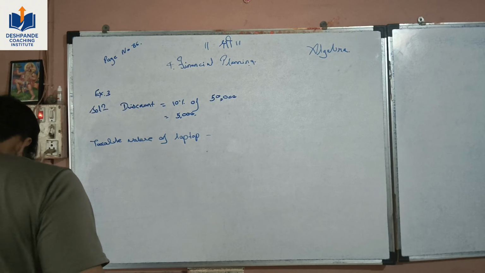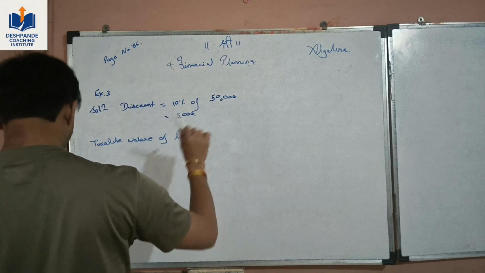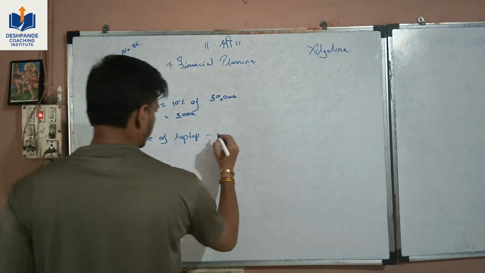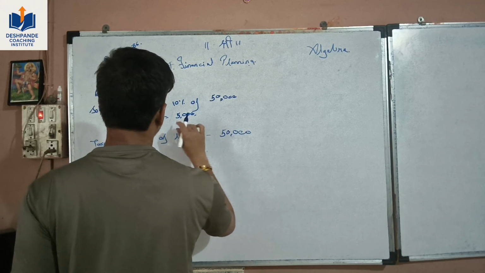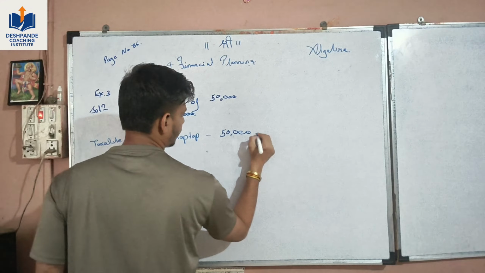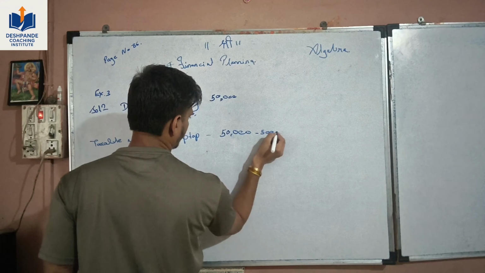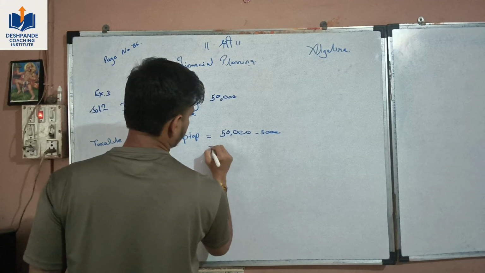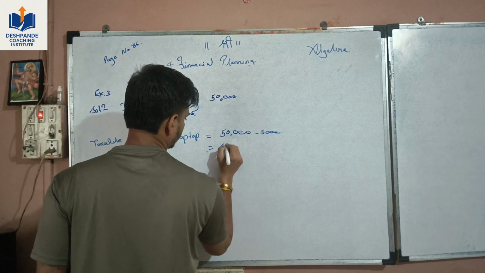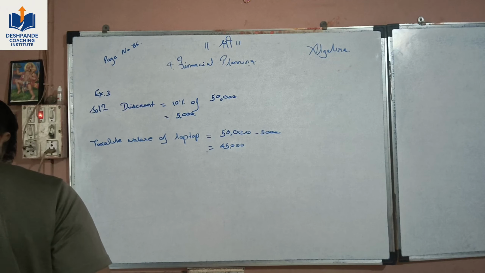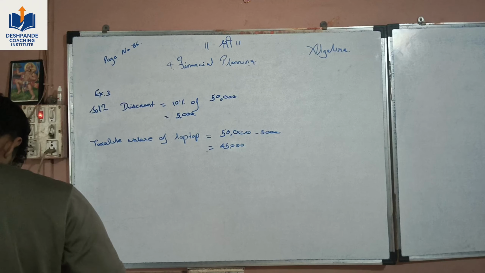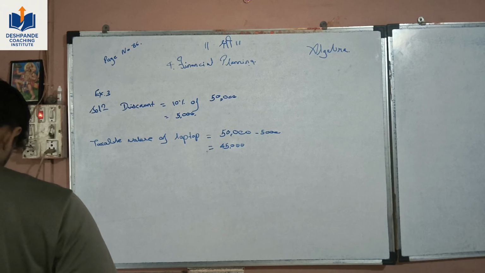So the taxable value will be 50,000 minus 5,000. The printed value is 50,000 and the discount is 5,000. So 50,000 minus 5,000 is equal to 45,000.